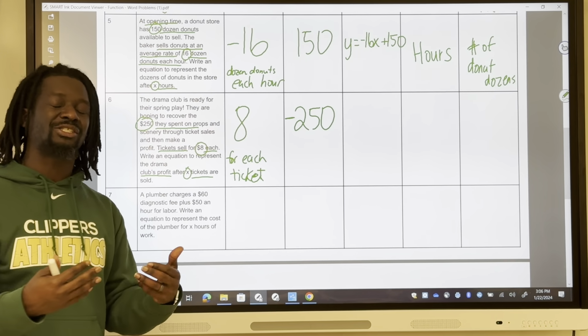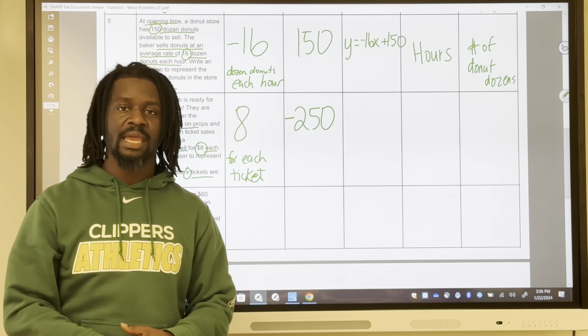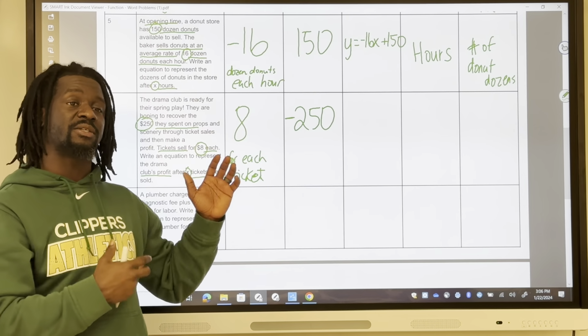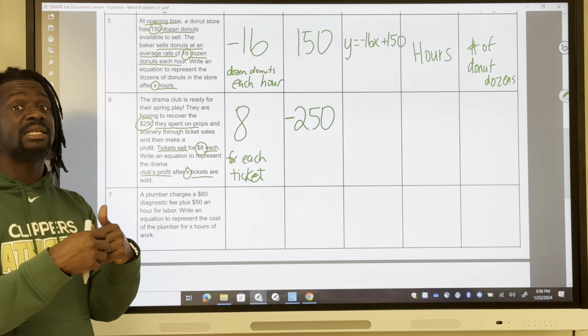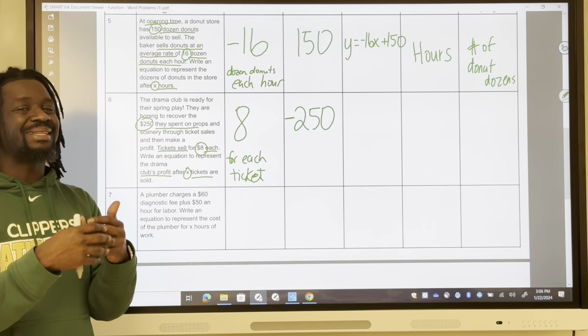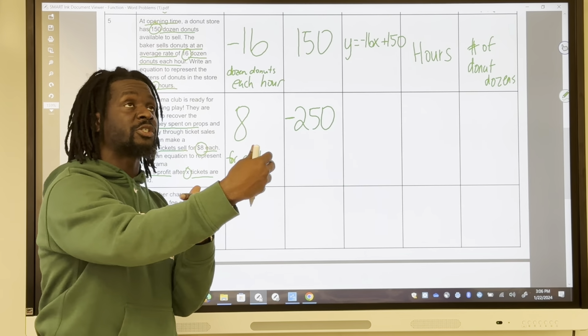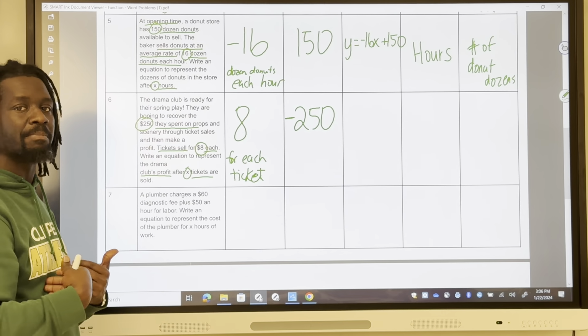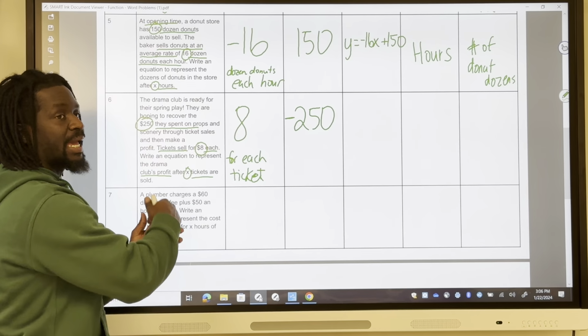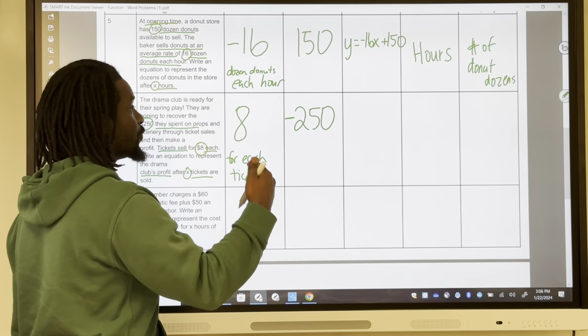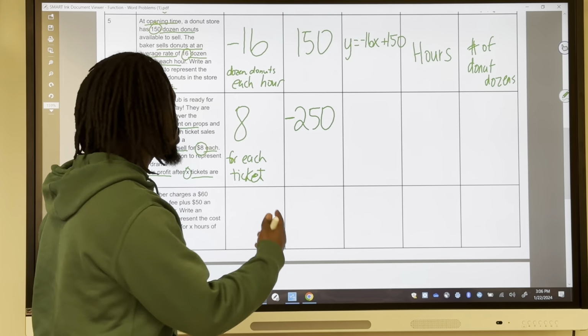So that actually needs to be a negative. Okay, and so again, it's negative because of the context. Because they're trying to figure out how much money did they make after selling tickets, but they had to spend the $250, so that's not money that they made. So they're starting off negative and hoping to end off positive in terms of making more than that.